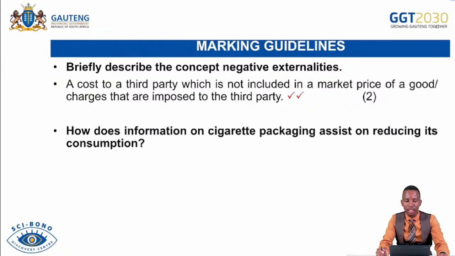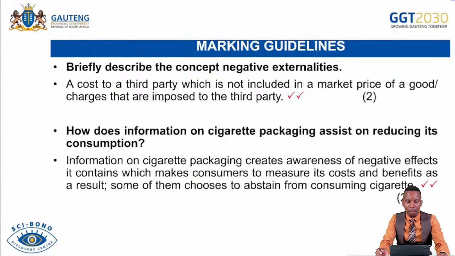And then how does information on cigarette packaging assist in reducing its consumption? We know that the packaging of cigarettes carries information about harmful effects that one can come across when smoking cigarettes. So information on cigarette packaging creates awareness of negative effects, which makes consumers weigh its costs and benefits.